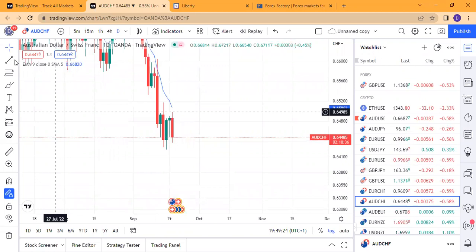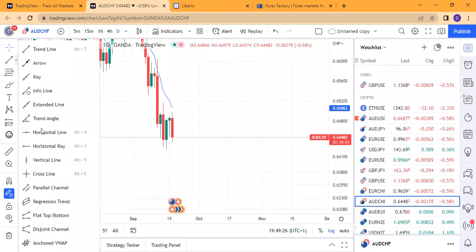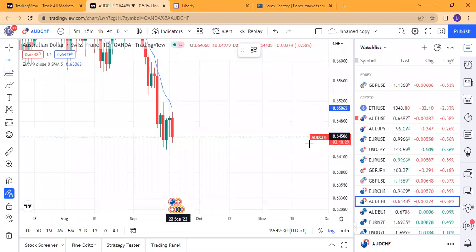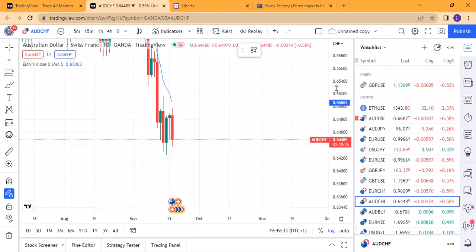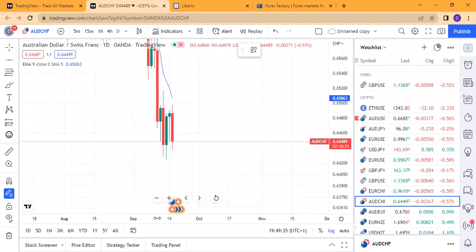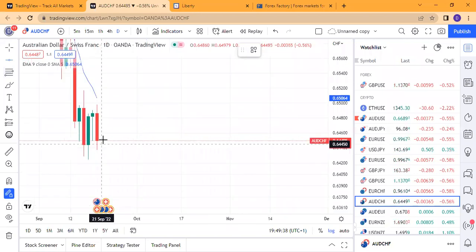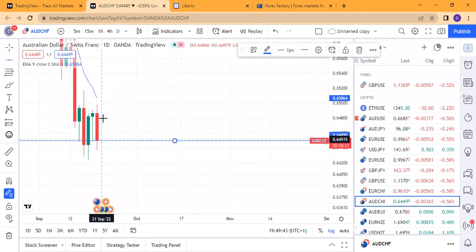So how do I do this? I take my horizontal line on my TradingView. Let me make this a little bit bolder. Now, guys, for people that know what they are doing, you can also use this and trade for yourself. So I mark up the chart, I look for floors. And how do I get the floor?